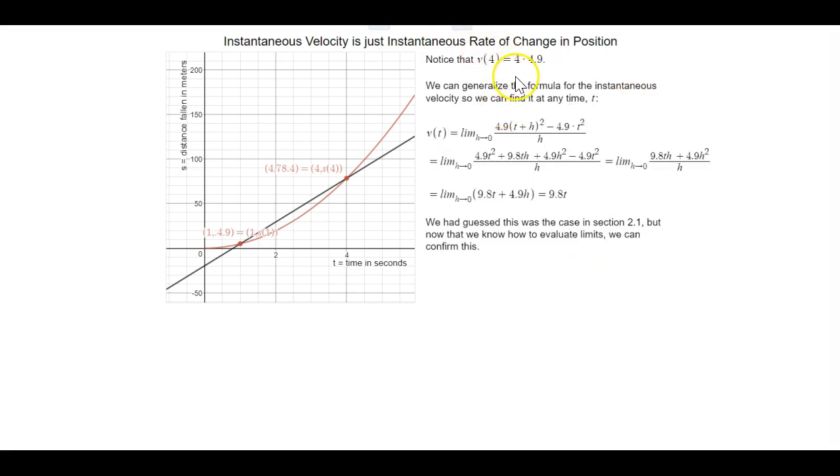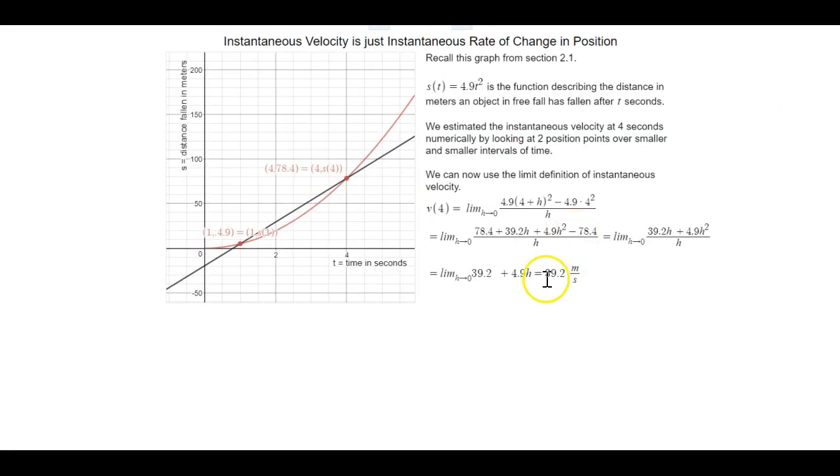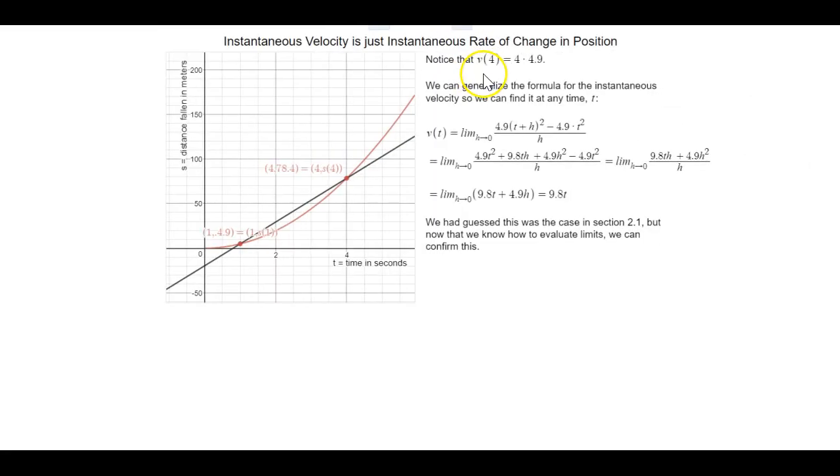So notice that we can generalize this formula. 39.2, notice that that is 4.9 times 4. And if you look at the algebra done when you simplify for the limit definition, you see why.